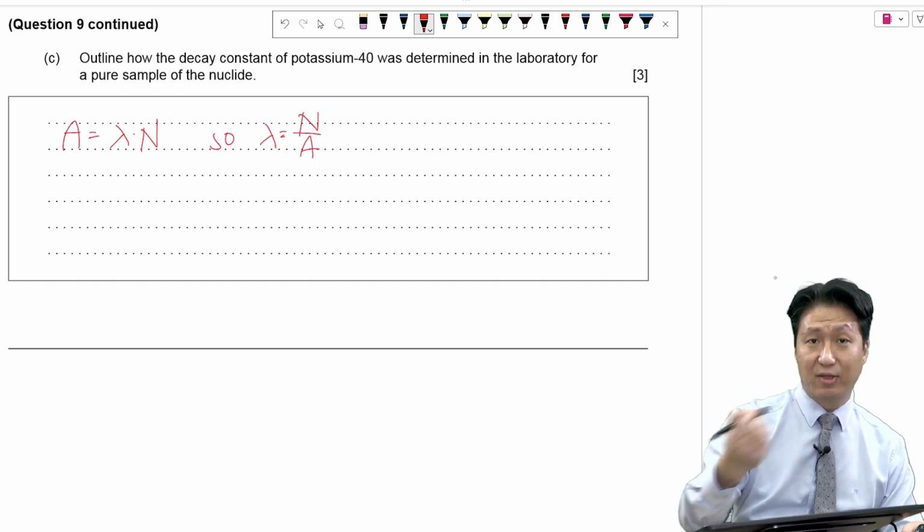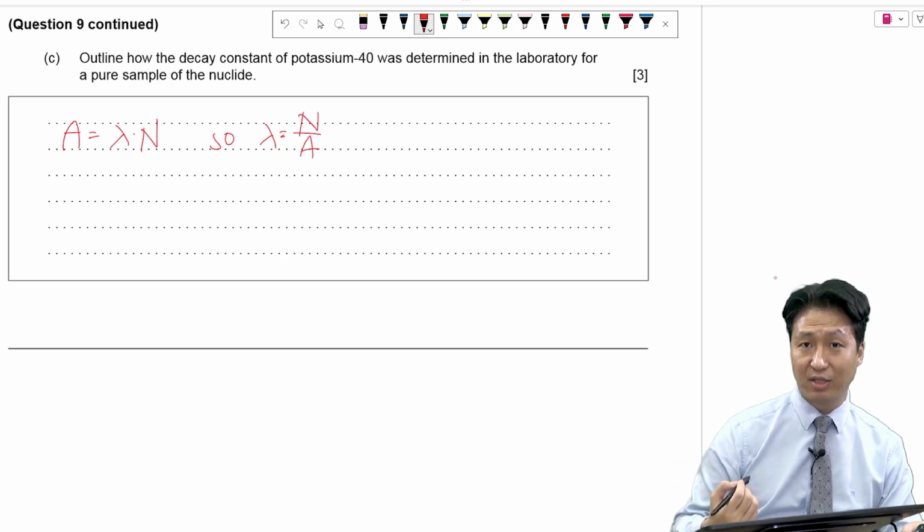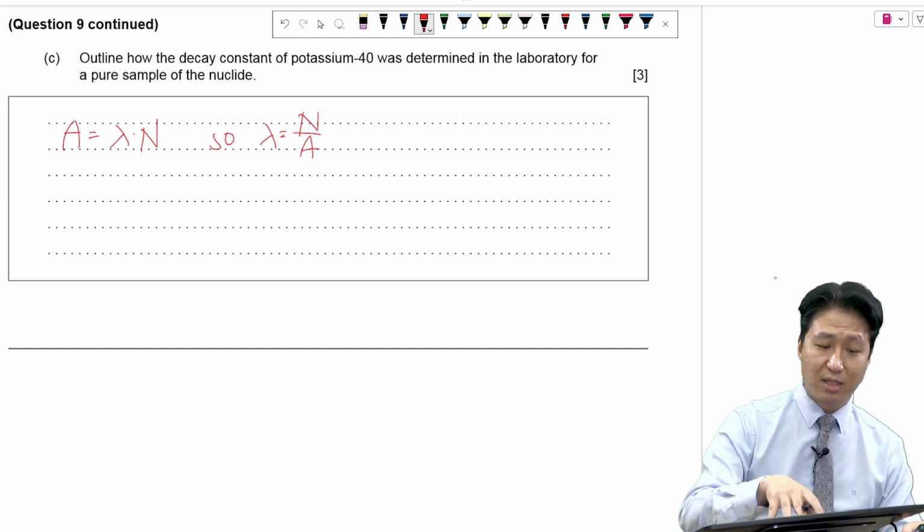So you write that down as a sentence. Use the mass of the sample to determine the number of potassium-40 atoms, and divide that by the activity, measured using a radioactive counter, to get the decay constant.